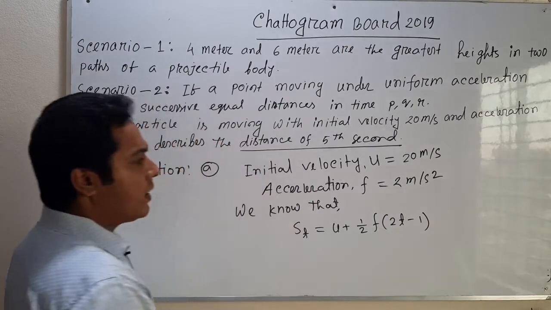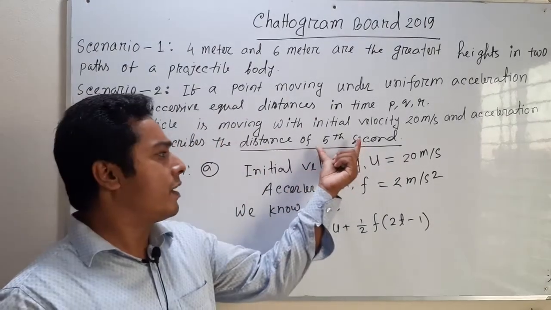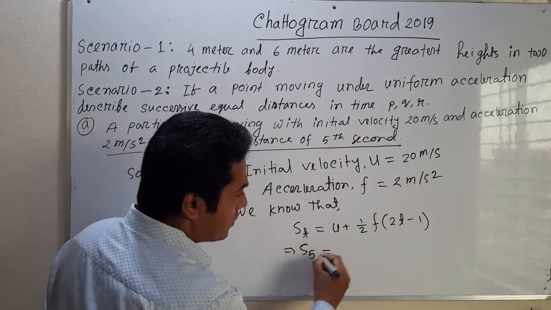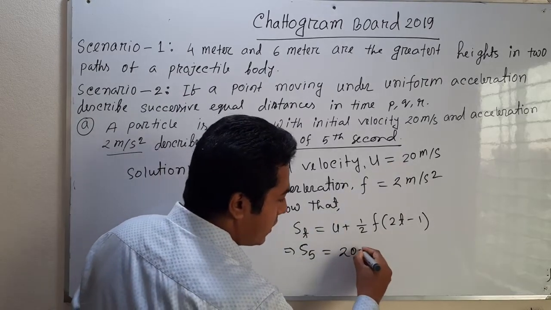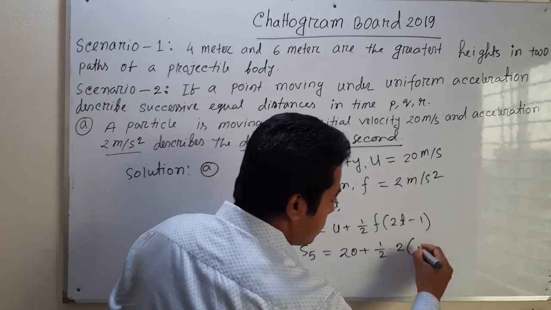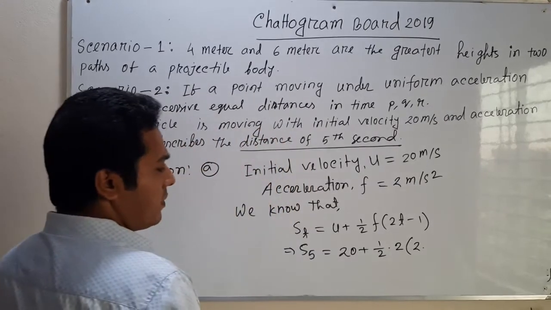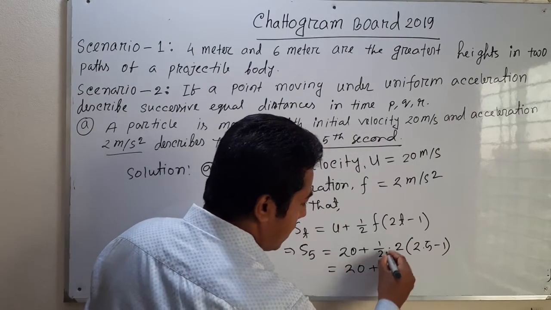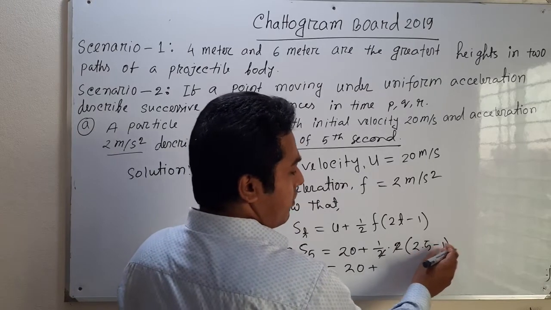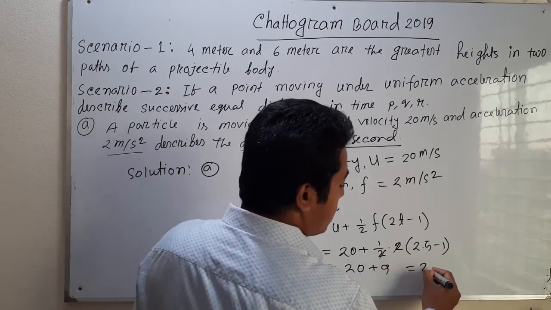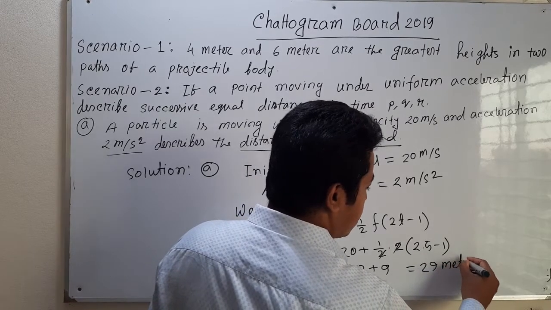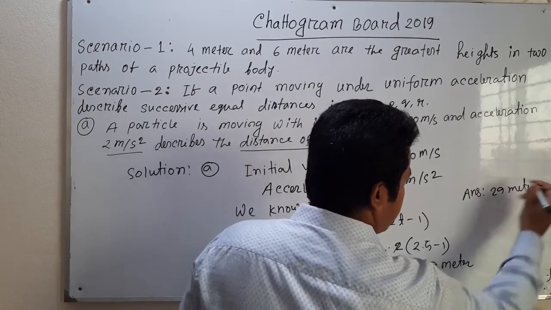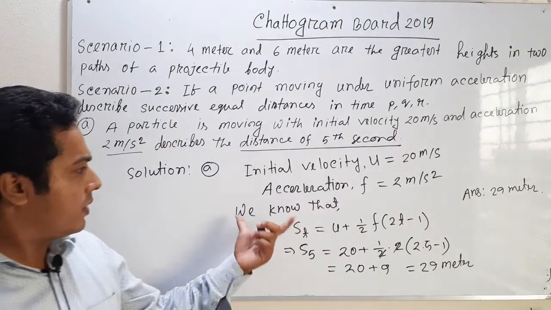Here for the 5th second, s_5 is equal to 20 plus half of 2 into (2 times 5 minus 1), which is 20 plus 9, which is equal to 29 meter. This is our answer, 29 meter.